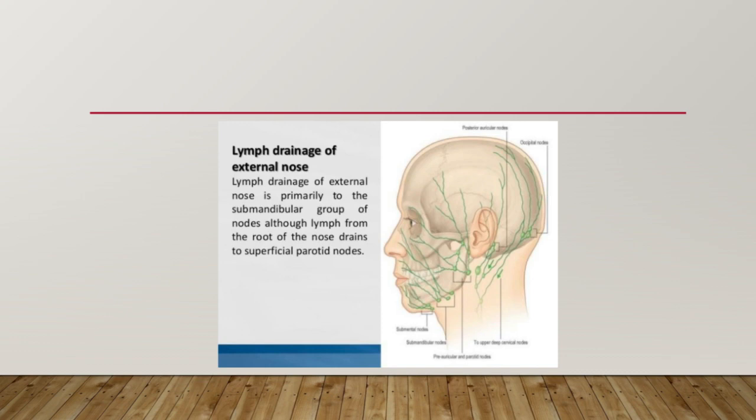Coming to the lymph drainage of the external nose. We have already discussed the external nose drainage into the facial group of lymph nodes as well as the parotid group of lymph nodes. The drainage of the external nose is primarily to the submandibular group of lymph nodes, through the superficial facial group of lymph nodes, which is the buccal and the maxillary group of lymph nodes, and goes to the superficial parotid group of lymph nodes.